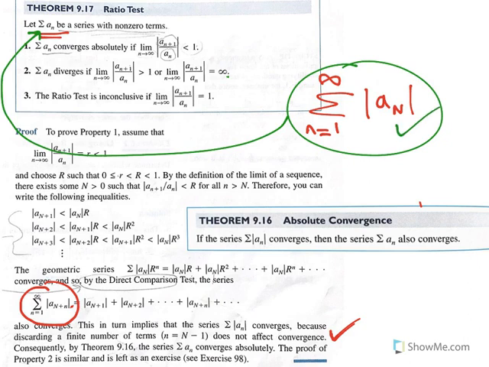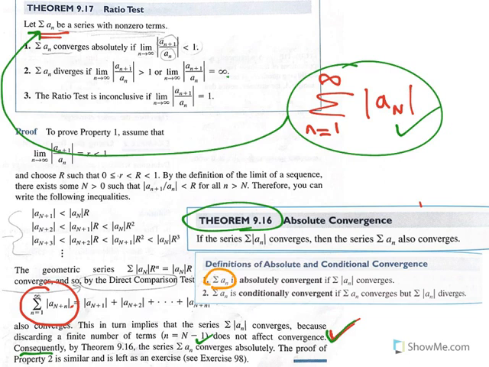So what does it mean that we now know that this corresponding absolute value series converges? By theorem 9.16, if the corresponding absolute value series converges, then the original signed series must also converge. So consequently, by theorem 9.16, the original signed series must converge absolutely, that is by definition.